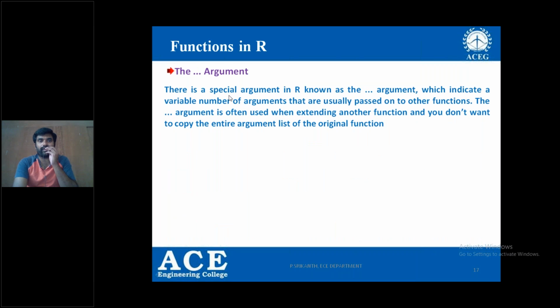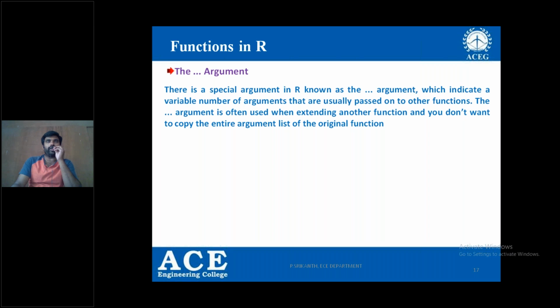Another argument is dot dot dot, the triple dot. For example, here I would like to use a built-in function. The built-in function is taking 10 arguments. Out of the 10 arguments, I would like to change the value of only one argument, and all the other values I would like to keep as they are, default values.